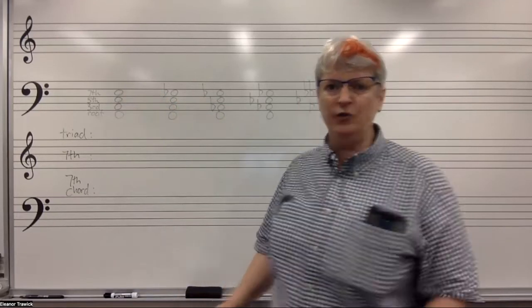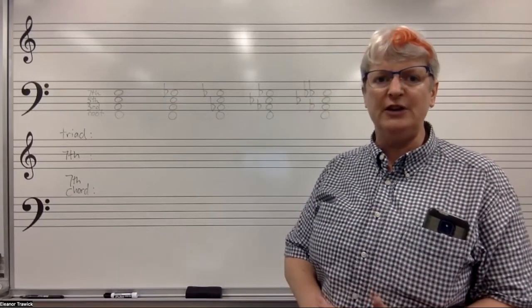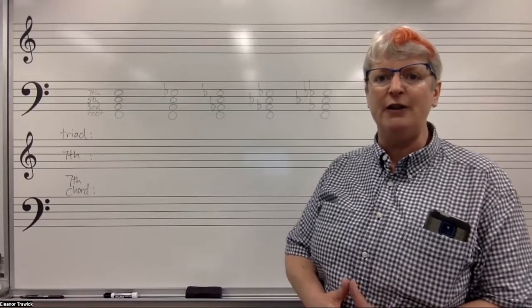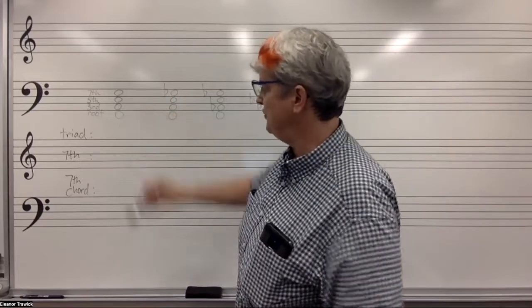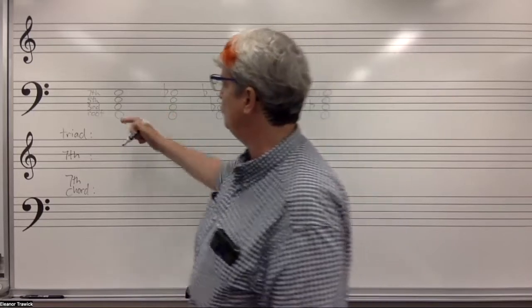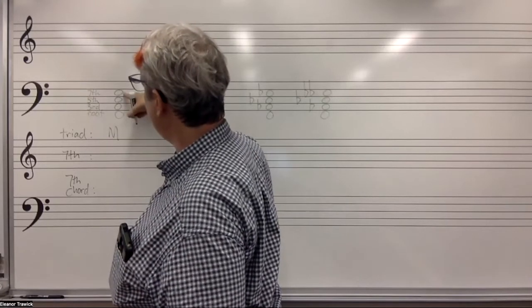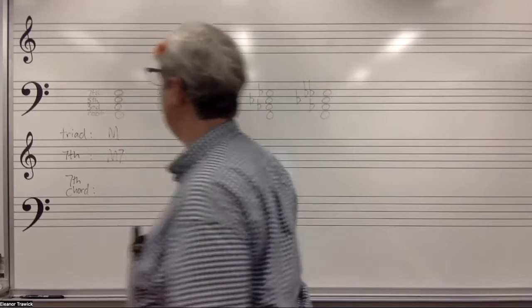Now, when we figure out the qualities of seventh chords, the easiest way to do it is to look first at the quality of the triad and then at the quality of the seventh, the interval of the seventh. Underneath this chord, I'm going to write the quality of the triad, which is major, and then the seventh from F to E is a major seventh.